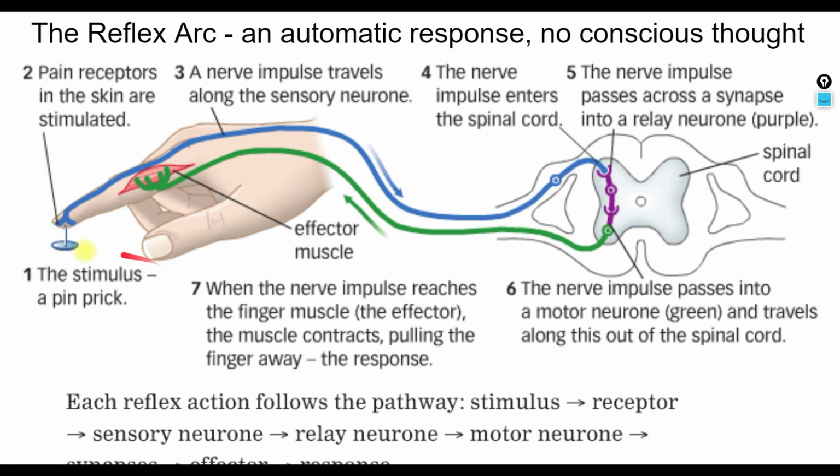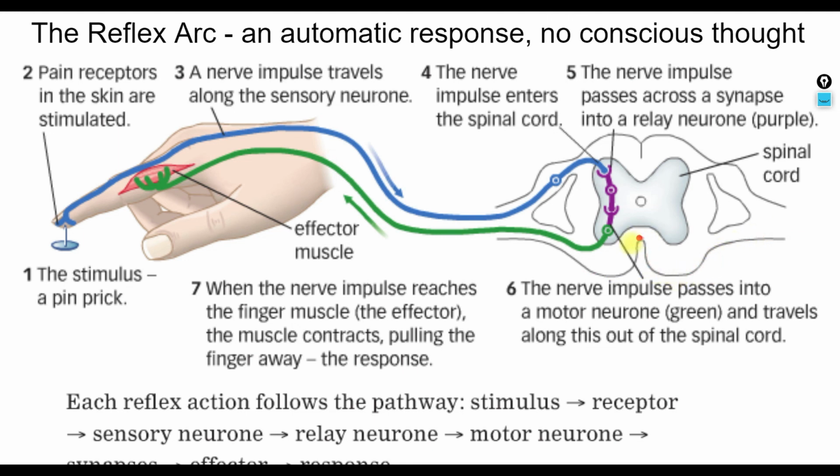So here's our example. We start with a stimulus, a sharp pin. That's detected by receptors in the skin. Now the receptors send a message down this blue sensory neuron all the way down the arm and to the spine. This bit on the right hand side of the slide is the spine.